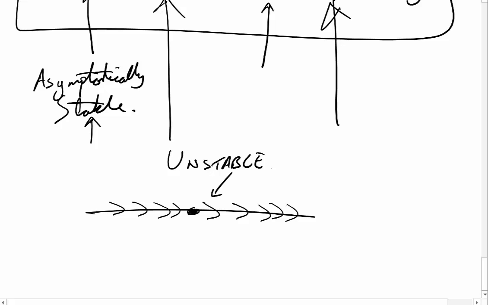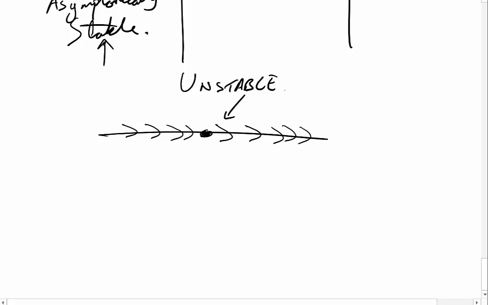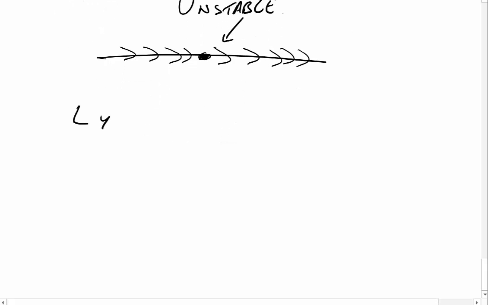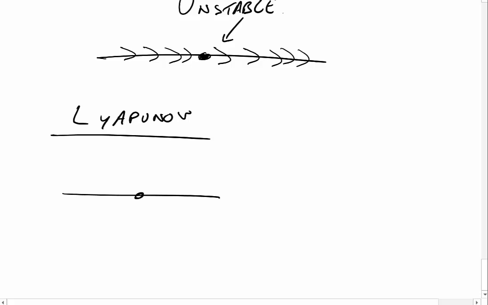Okay, and actually there's another type of stability. It's not just asymptotically stable. There's also Lyapunov stable, which I'll very quickly talk about now. So Lyapunov stable is essentially where you come in from one side, and then you move past it a little bit, but then you almost bounce back, and you end up bouncing back and forth over and over again.